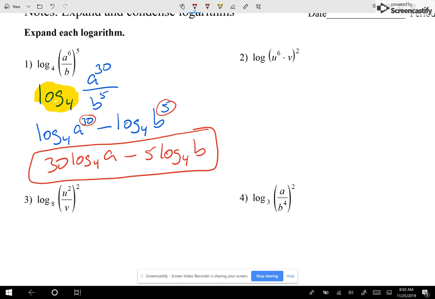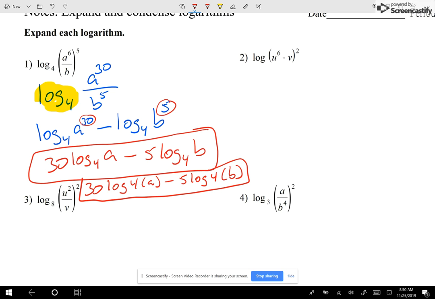The way I'm going to type this will be 30 logarithm base 4 of a minus 5 logarithm base 4 of b. Once again, subtraction, it came from the division. But let's take a look at question number 2.